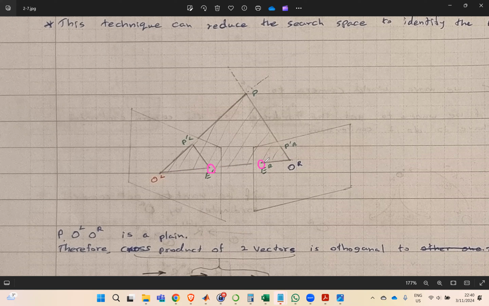This is how we can see it visually by drawing, but mathematically we need to find the point. That is what we did in the calculation: OL E EL equals 0.